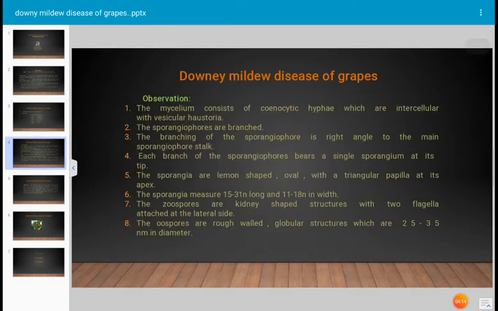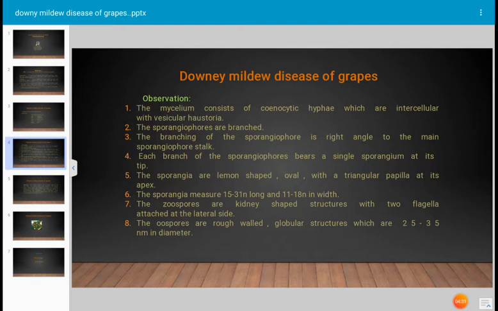Okay. Let us see the details of the fungus. You have to observe the permanent slide of this fungus under the microscope and write the details.